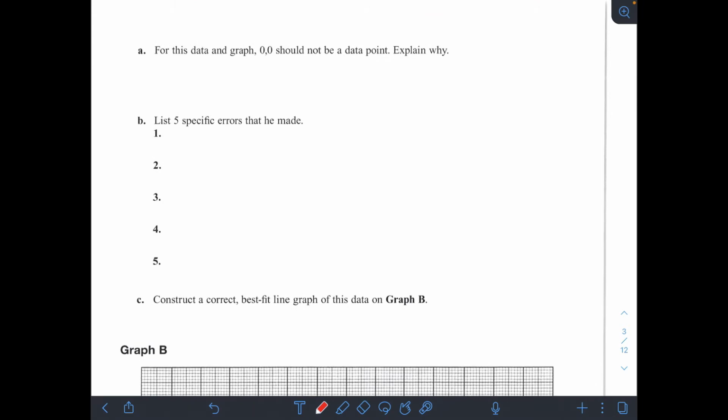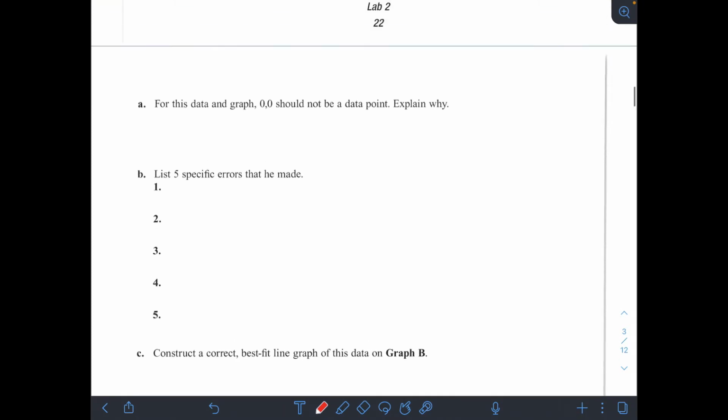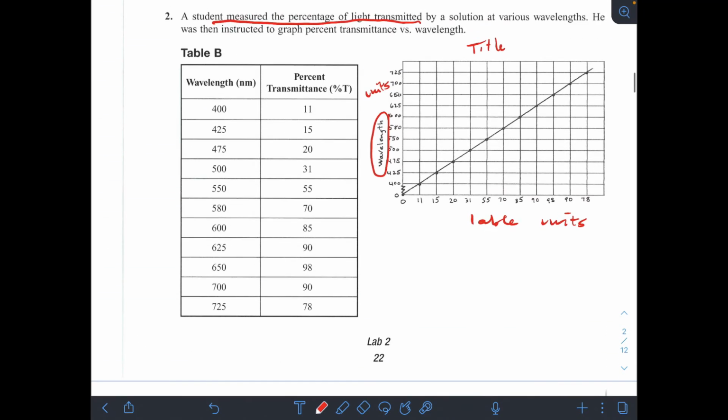Now, question A here for this graph and data, 0 should not be a data point. Explain why. So when I was showing the density, when we have 0 volume, we should have 0 mass, right? So with light and light transmittance, the amount transmitted does not correlate to a wavelength, right?